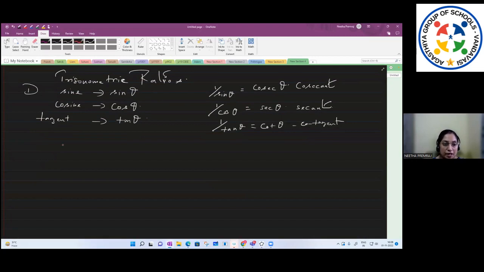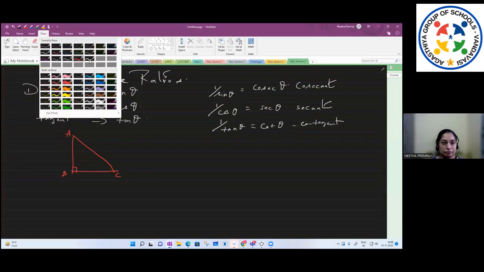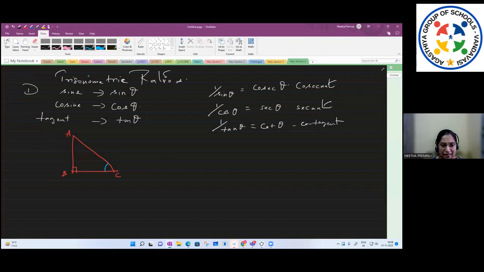If you take a right angle triangle, I name the vertices A, B, C, and the angle at B is 90 degrees. If I consider this angle as theta, the side which is opposite to theta is the opposite side, and the side next to the angle is the adjacent side. There is no change with the hypotenuse; it is fixed.